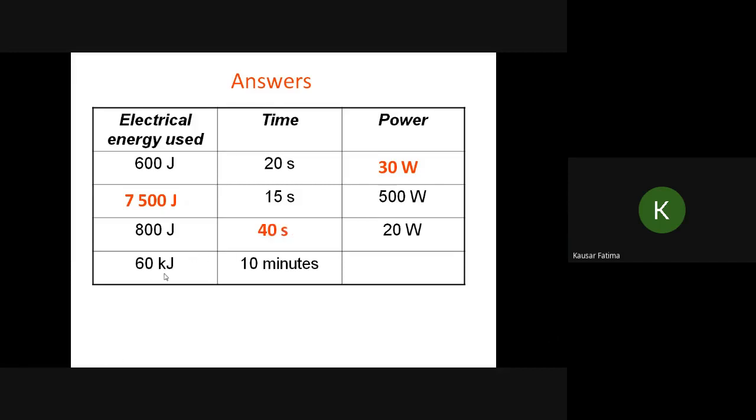Here energy is in kilojoule and this is in minutes. The answer comes in watt, which means you should have converted this 10 minutes into seconds, so you will multiply by 60. It means 600 seconds, and kilojoule is to be converted into joule. Then the answer will be in watt.